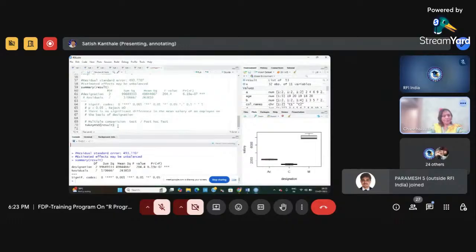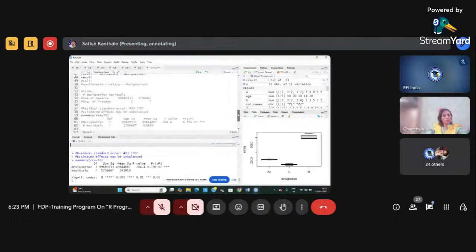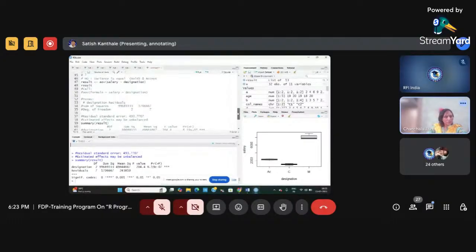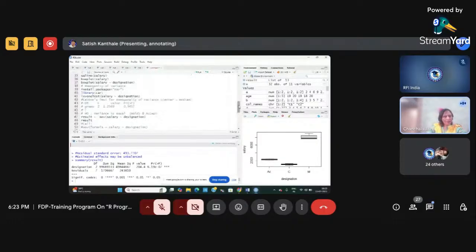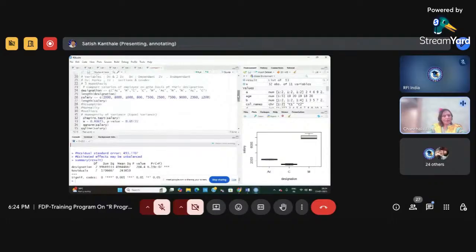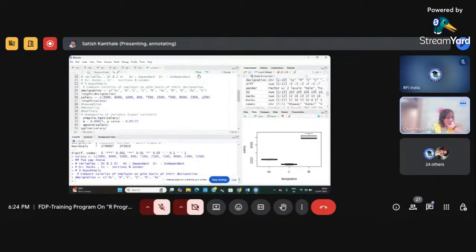Do one thing. Go up. Wherever the vectors are, go to your vectors. Run vector salary. Similarly, wherever the designation is, run that. Now come down.